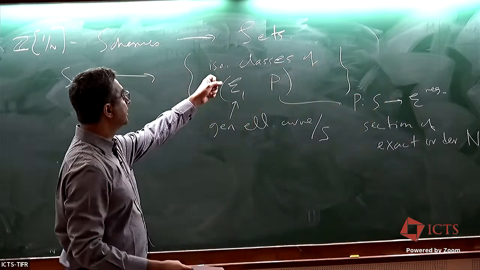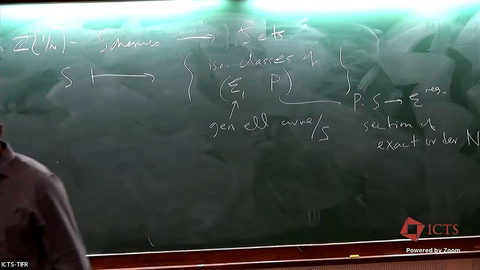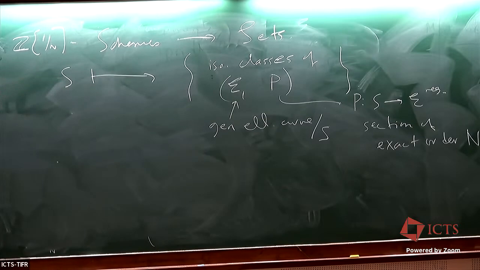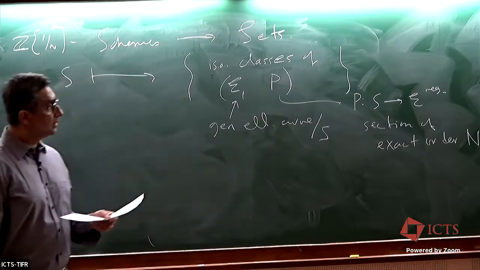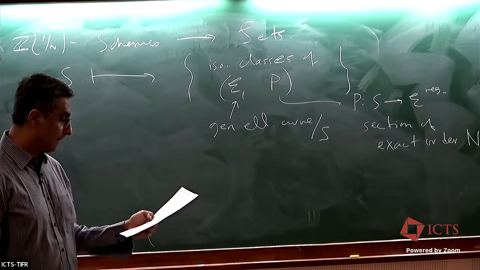The point is that one is taking generalized elliptic curves and generalized points of order n.